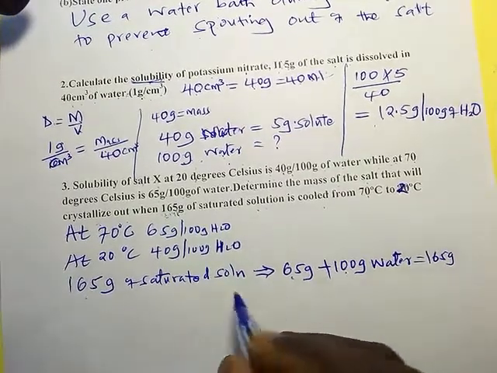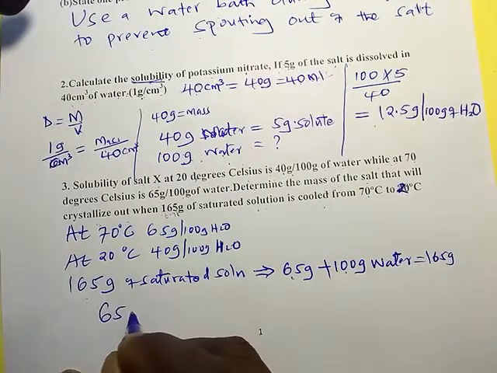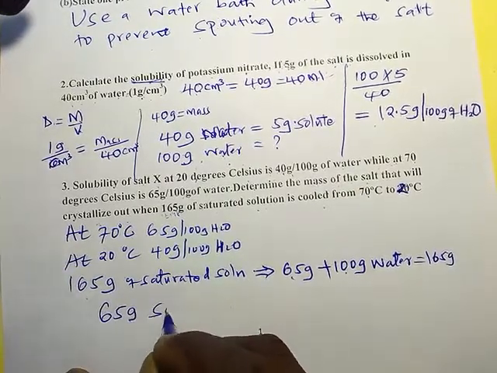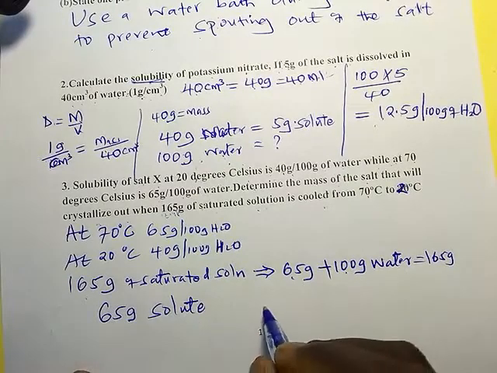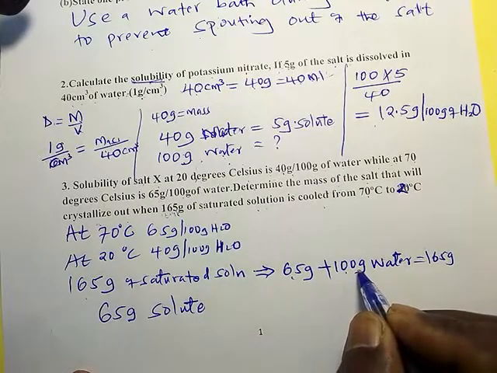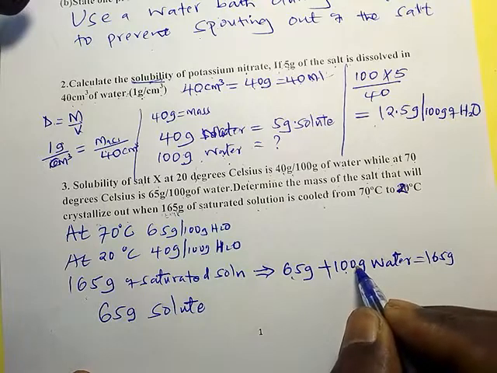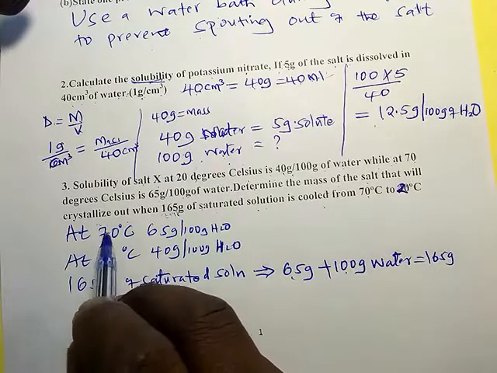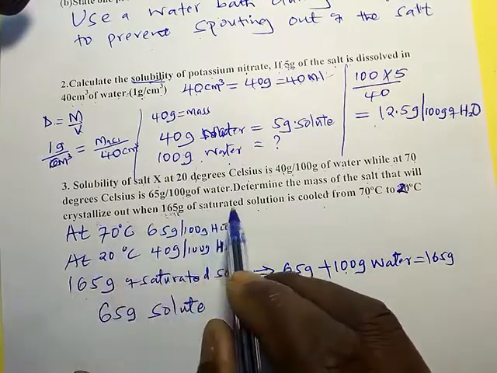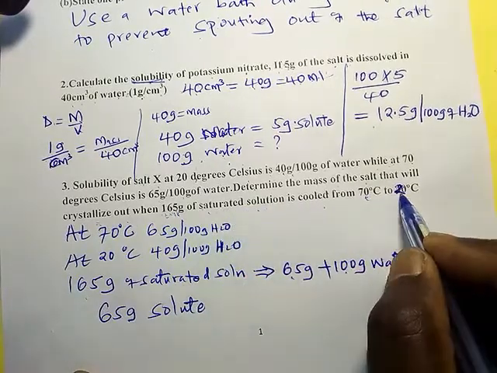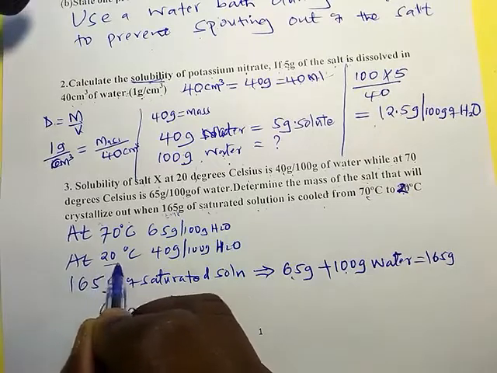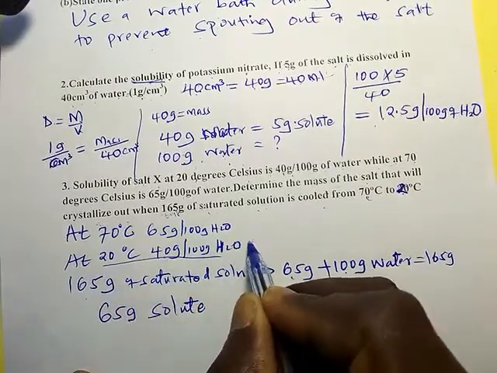So now it means that we have 65 grams of the solute dissolved in 100 grams of water. Now we want to know the crystals that will be formed when the solution is cooled from 70 to 20. But we know the solubility at 20 is 40, right?